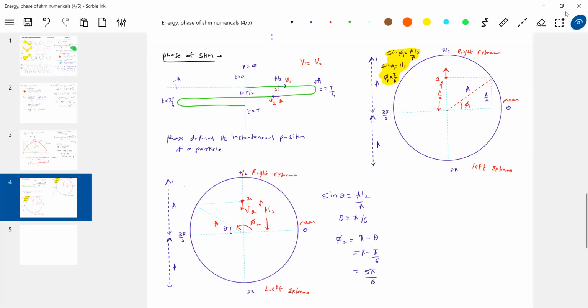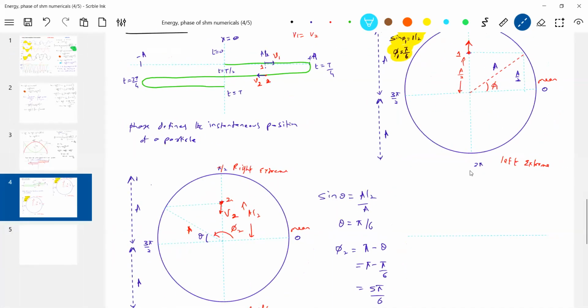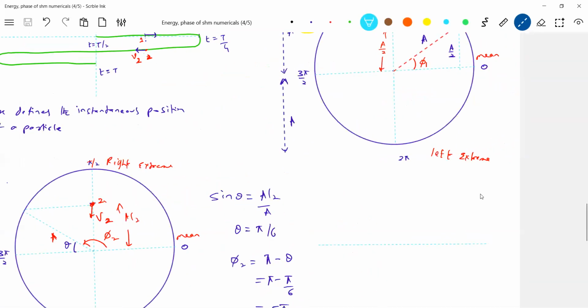Listen. So the same graph will now be used for showing the phase of a particle. That will be much easier for you. Sir, here should you not show pi? The phase, 5 pi by 6 I show, no?